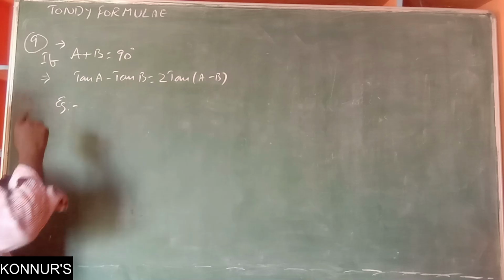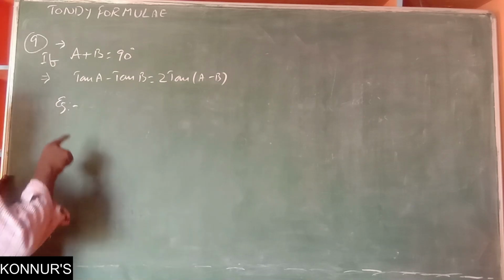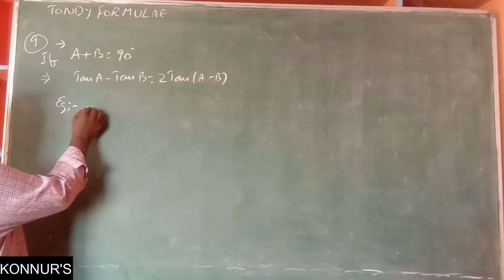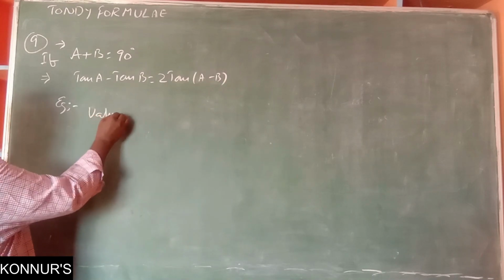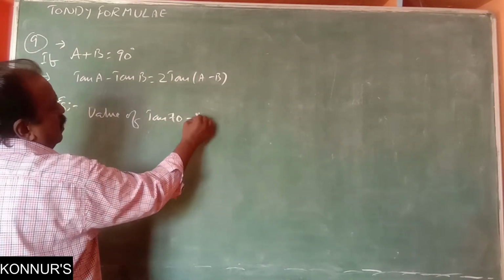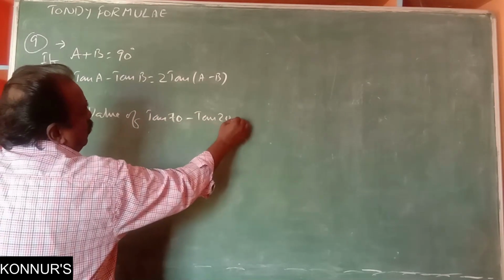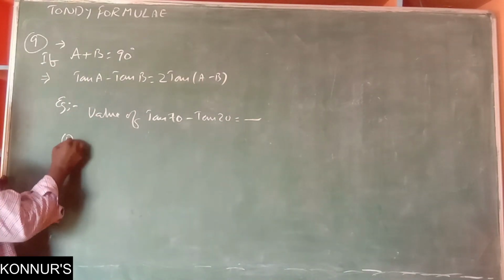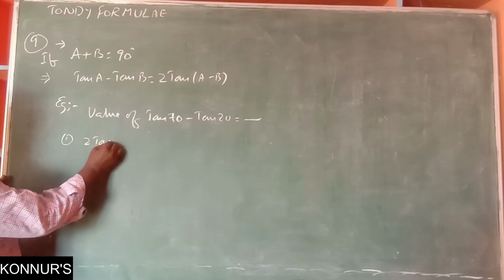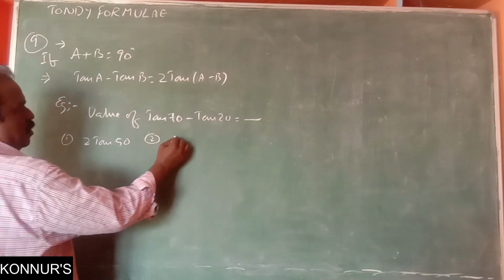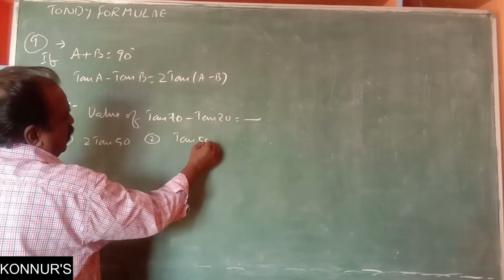By using the formula, see how the question is asked in the exam: the value of tan 70 minus tan 20. First option is 2 tan 50. Second option is tan 50.